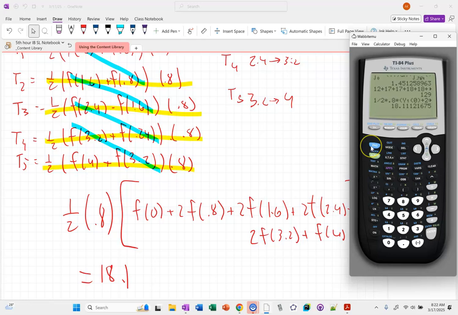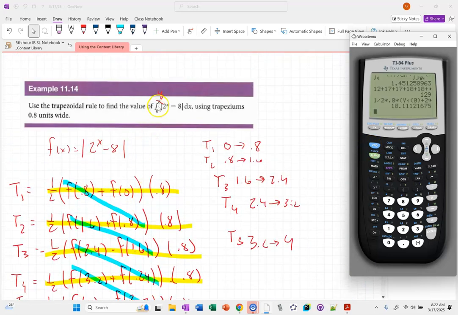As a decent check, we can do this on our calculator also. I'll do fnInt from 0 to 4 of y1. I'm not going to expect my answer to be an exact match because this is only an approximation, but it should give me an idea if I am way off.